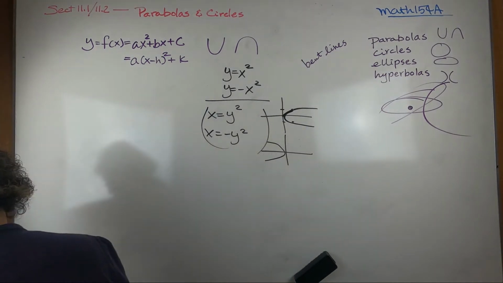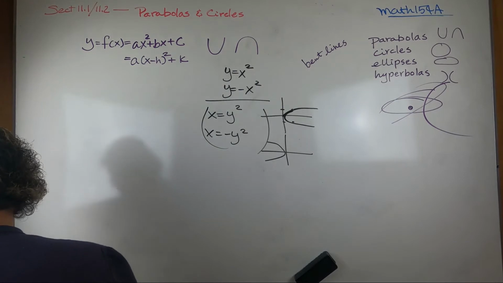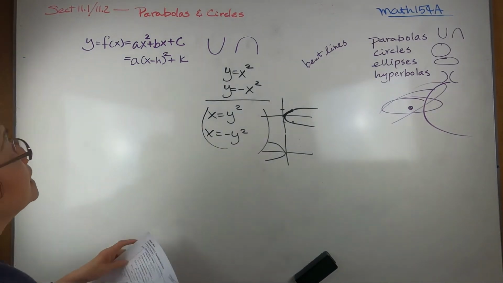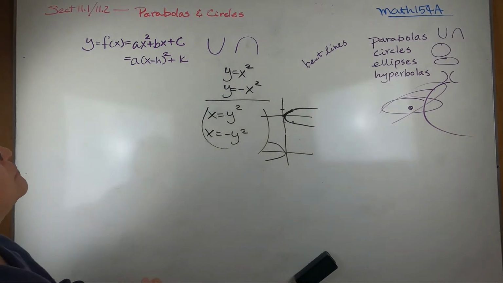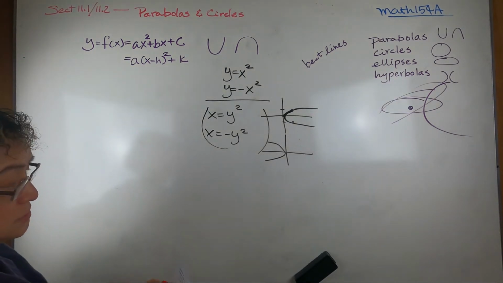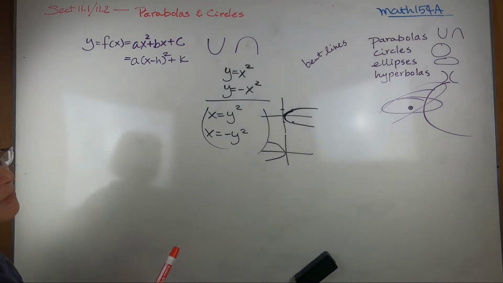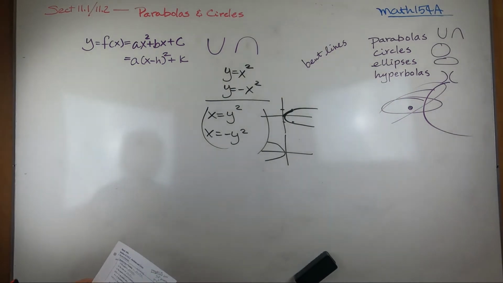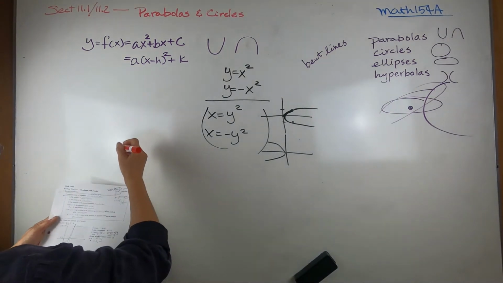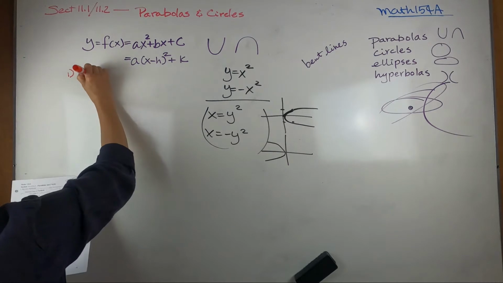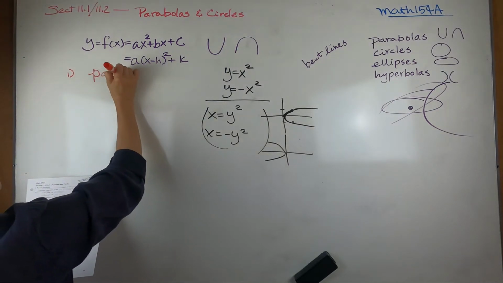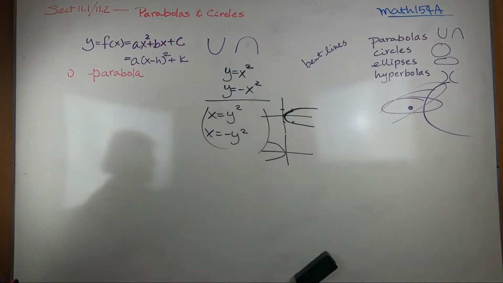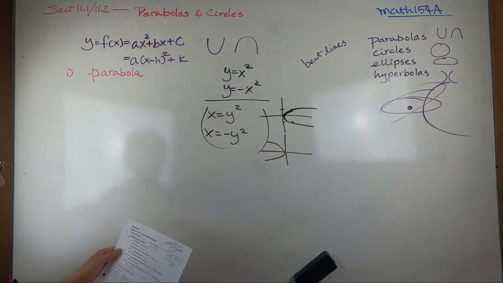So we are on your page 44 and sections 11.1, 11.2 for parabolas and circles first. Then next time we will talk about other things. Okay? So then this graph would be what? It would be a parabola, right? If it's written like those.